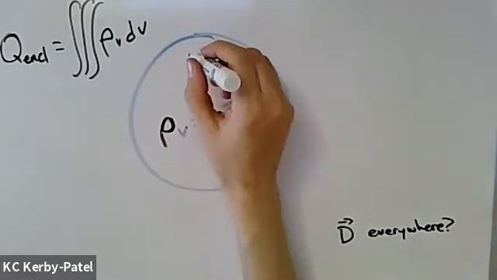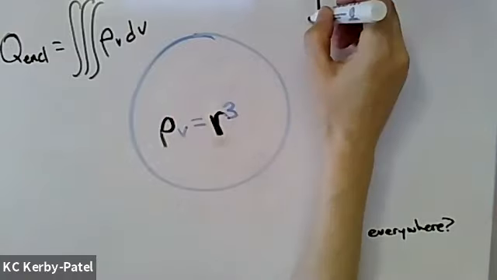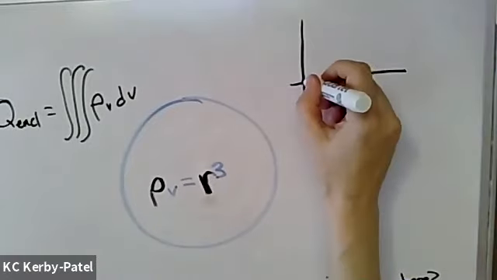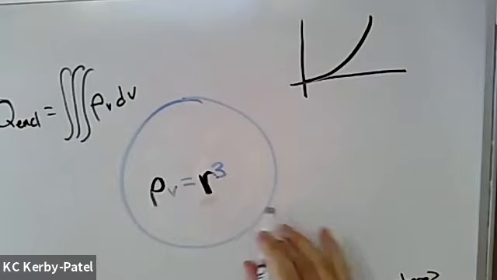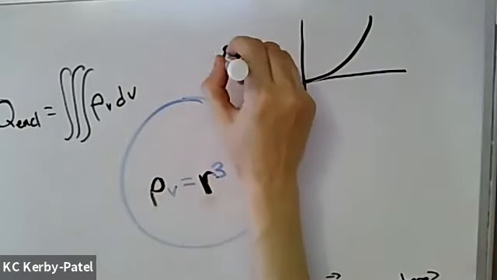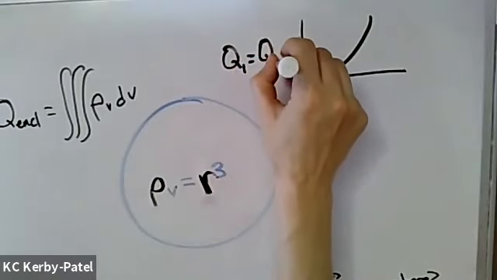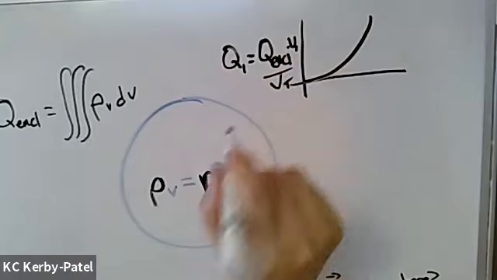If I were to draw a graph versus R of the charge that is contained in this thing, it would go like this. So I couldn't just take Q1 equals the total Q times V1 over V total. Can't do that.